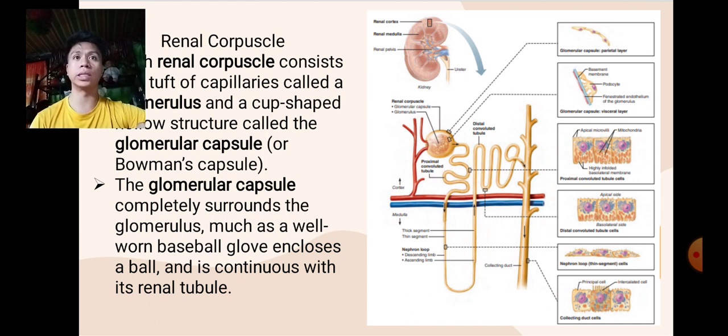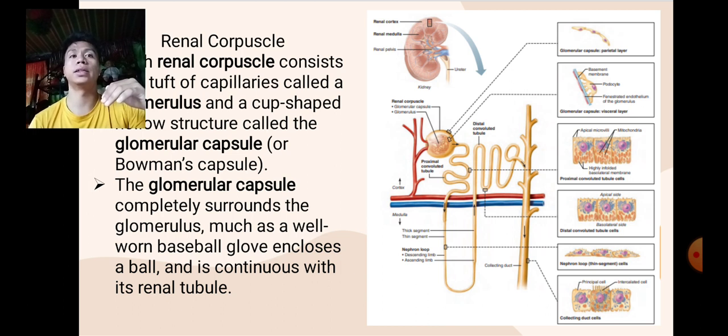So the two components of the renal corpuscle are the glomerulus, also known as the capillary network, and the glomerular capsule or Bowman's capsule, a double-walled epithelial cup that surrounds the glomerular capillaries. The blood plasma is filtered in the glomerular capsule.